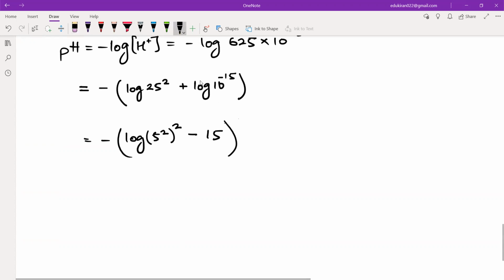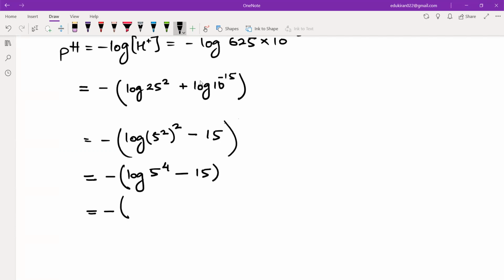Okay, fine. Now you can write this as minus of log of 5 to the power of how much? 5 to the power of 4. Very good. Minus 15, and this will be equal to minus of 4 into log 5.